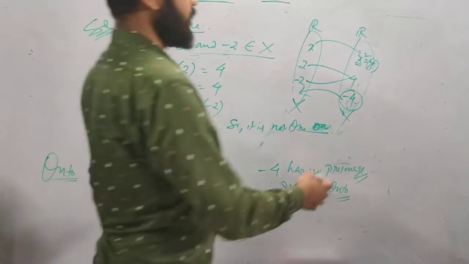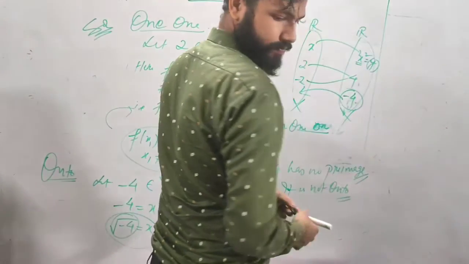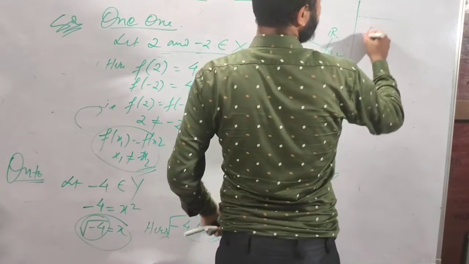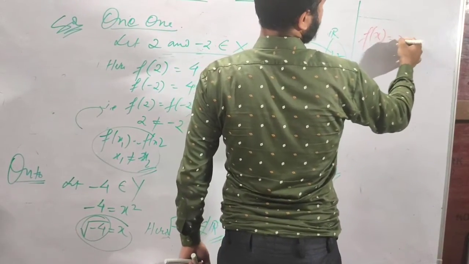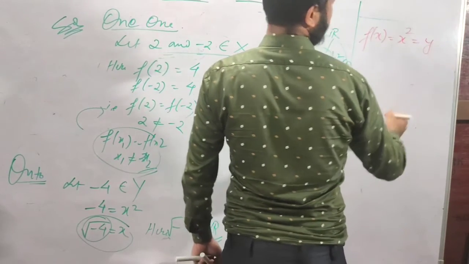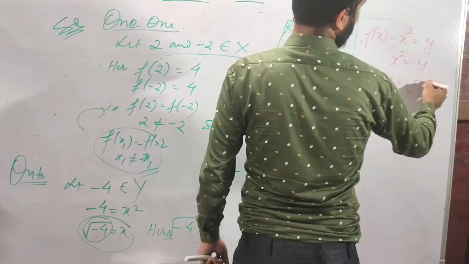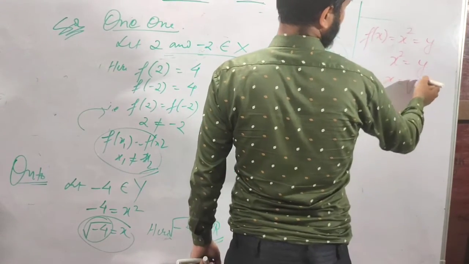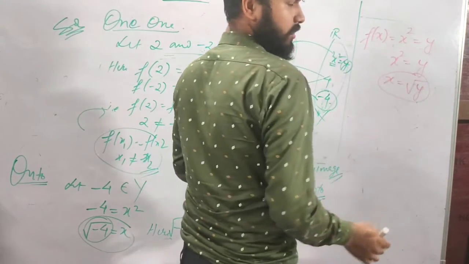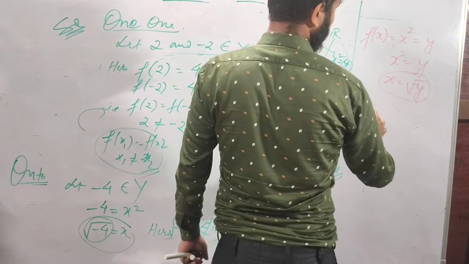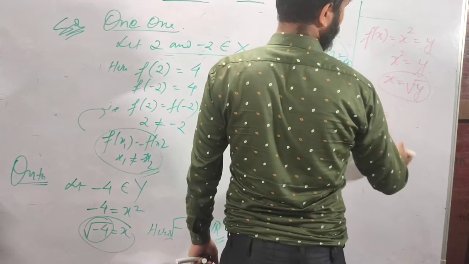So there is one more way to prove it. Let me show it here on this side. We already know that f(x) equals x square and this x square equals y. That means x square equals y, that means x equals root of y. Now in place of this x, I will use root y. Function of root y is equal to y.